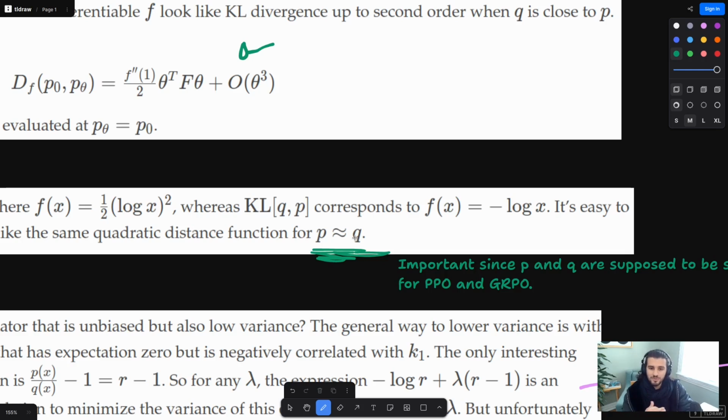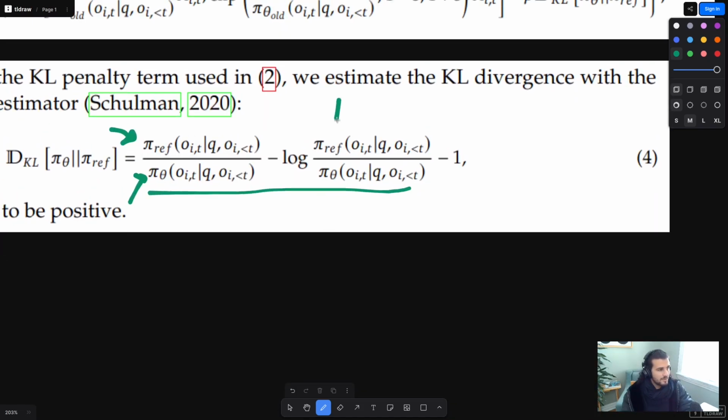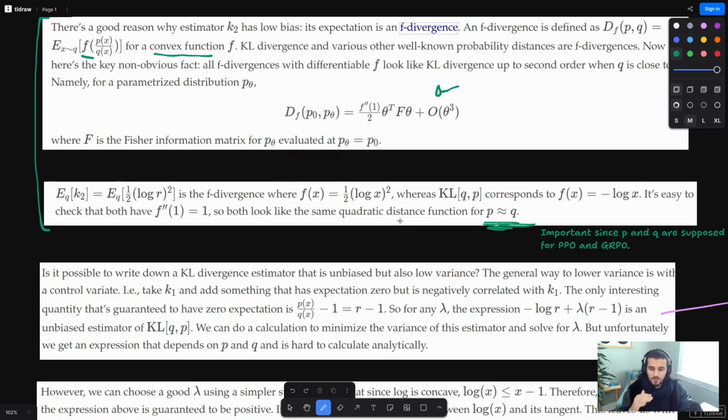In the case of reinforcement learning, yes, it will be. And in the specific case in which we are using it, P and Q should be roughly similar. Remember, here we have our reference parameter set, and then we have our current ones. This one comes from this one, so it should not be crazy different. So this is where it's at.